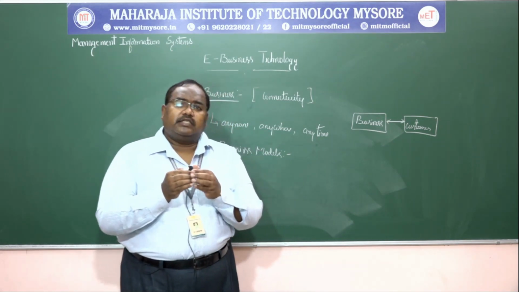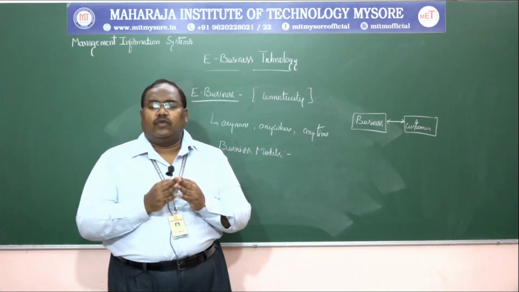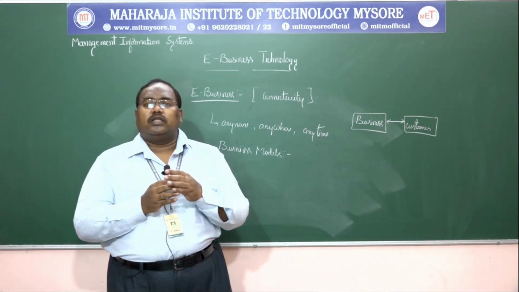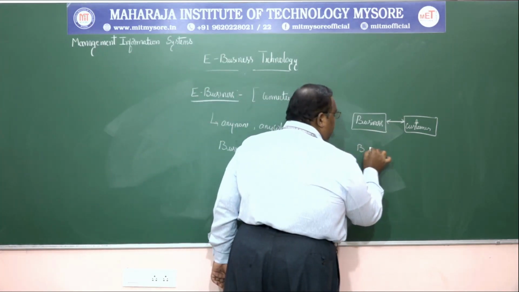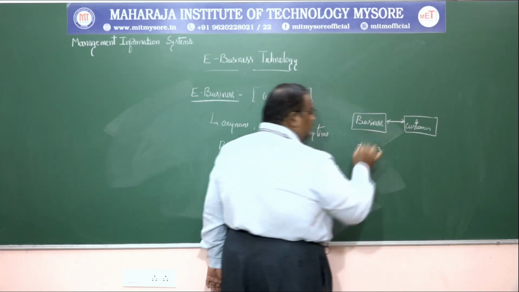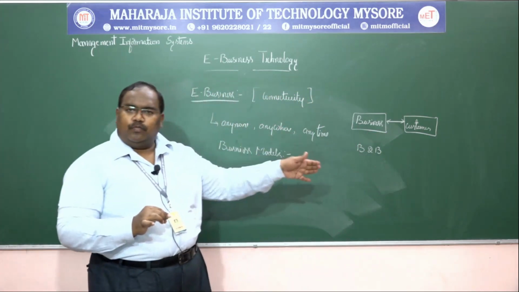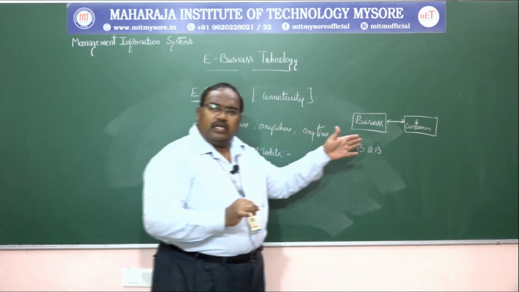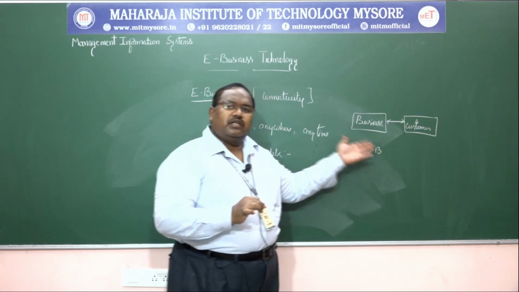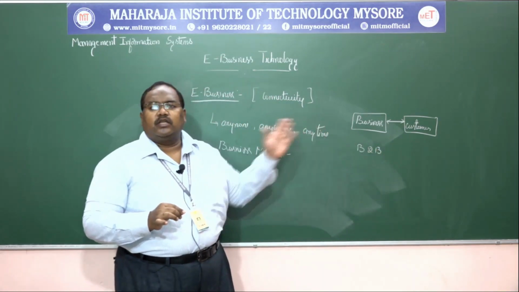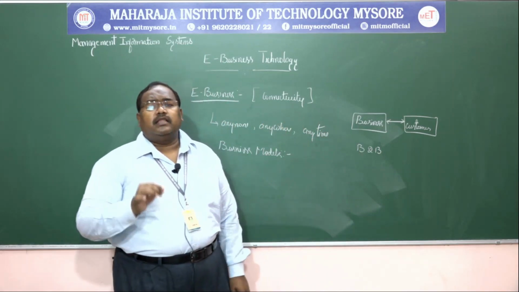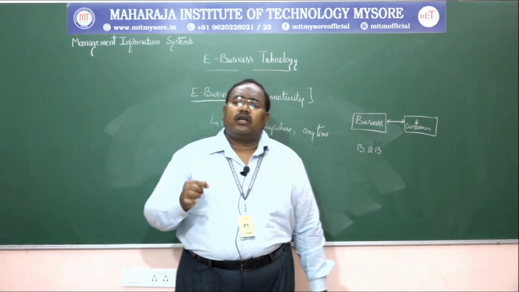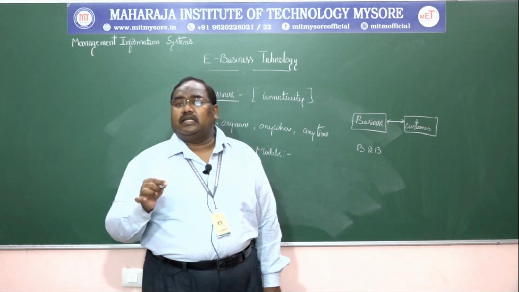Here two entities are involved, both are businesses, where they exchange products or services between one another. This is nothing but B2B. The second one is exchanging products or services with the customer.